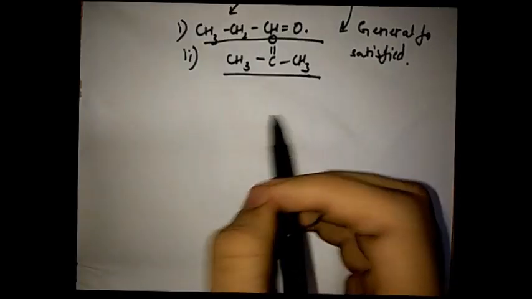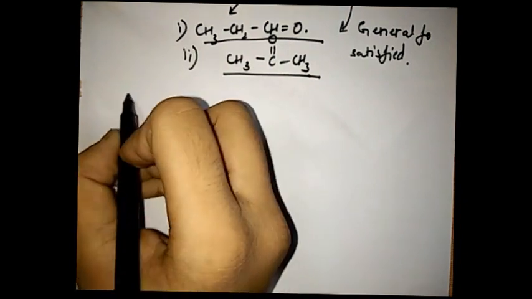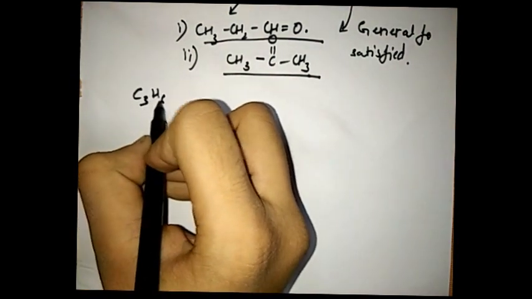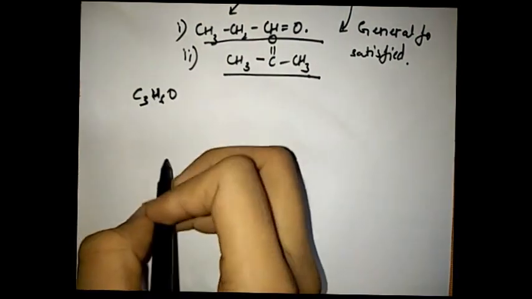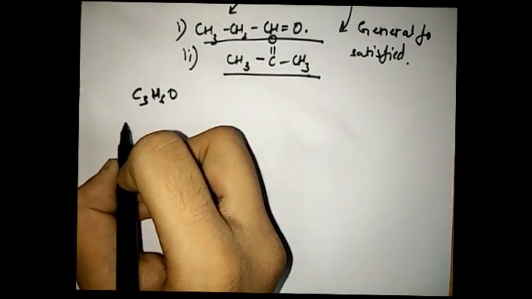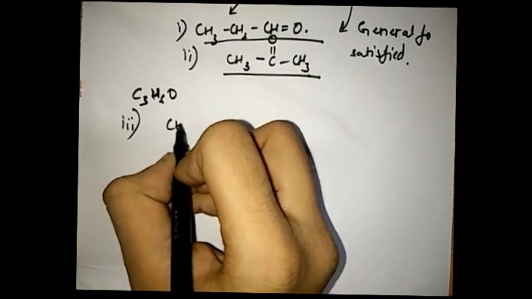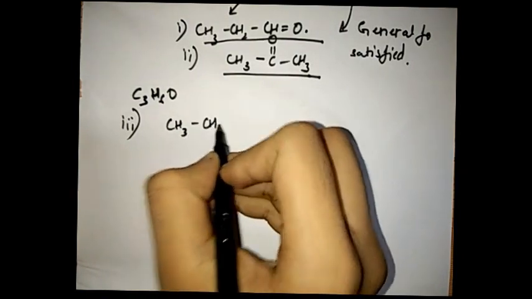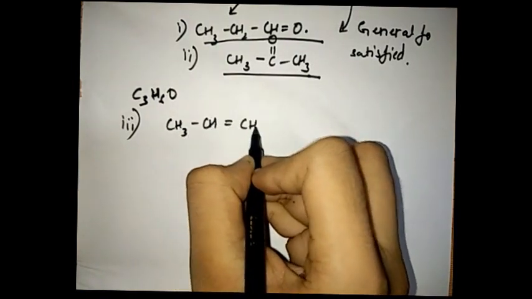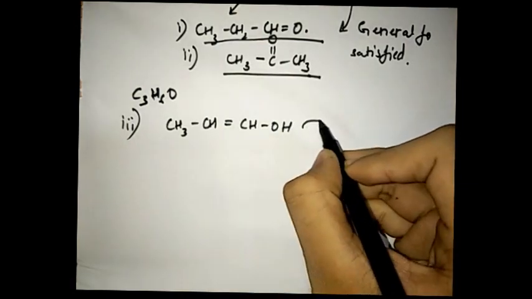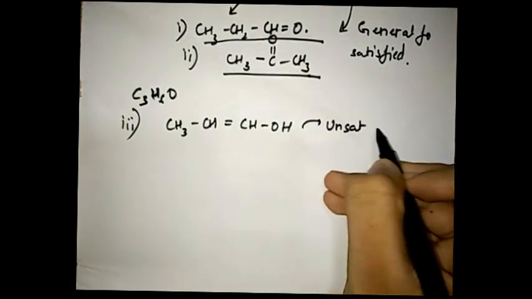Further, with the same molecular formula C3H6O, we can manipulate it or convert it to other isomers like CH3CH=CHOH. What is this? It is an unsaturated alcohol.